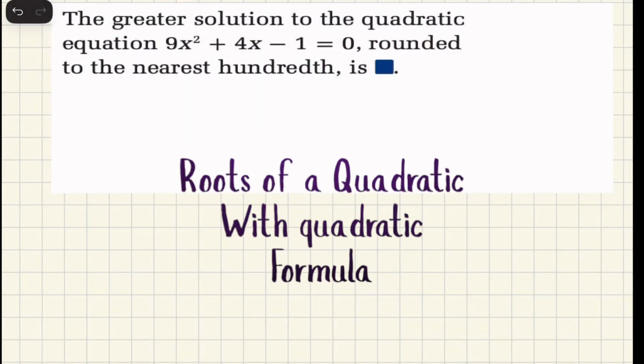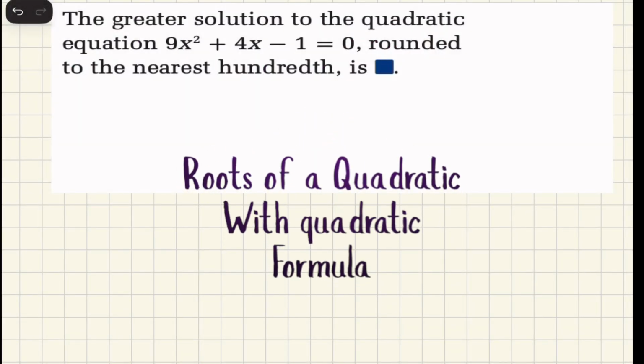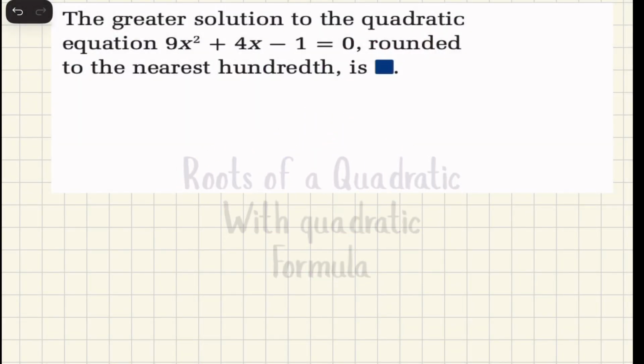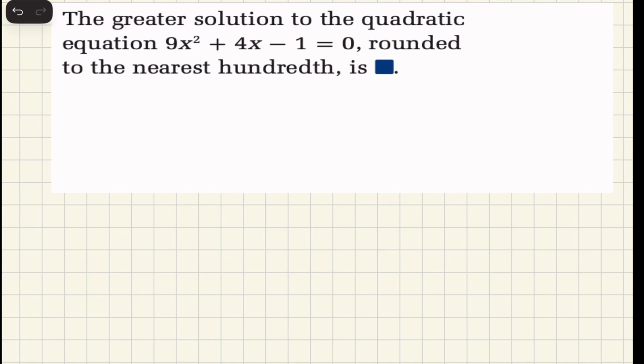The greater solution to the quadratic equation 9x squared plus 4x minus 1 equals 0, rounded to the nearest hundredth, is. So when they say the greater solution, we're acknowledging the fact that there are two x values. And so between the two of them, which one is greater? There are two ways that you could solve this. What you could try and do is factor this first.